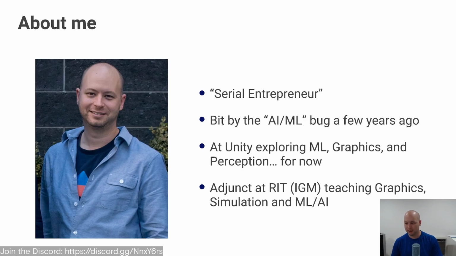A few years ago, I was bit by the AI machine learning bug, not that I wasn't interested in this before. I did my master's thesis in AI formally back when I was at Cornell, which is how I became a professor at RIT, through David Schwartz, who was my professor at Cornell while I was there. But a few years ago, you started to see a lot of really compelling deep learning results coming out, and it's really hard to ignore.